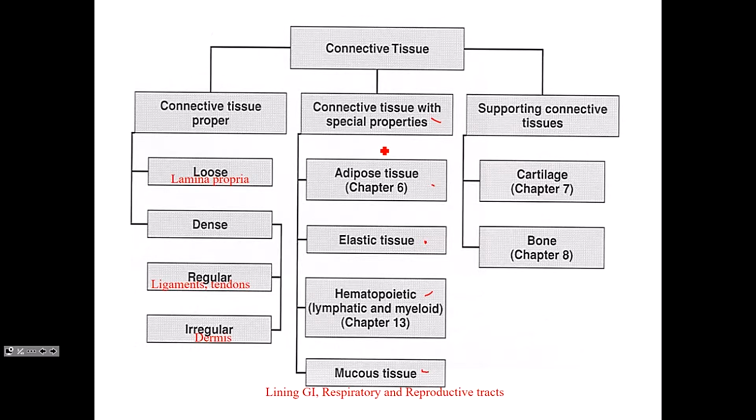Then we have connective tissue with special properties such as cartilage. I briefly mentioned that, and bone. And both of these play a supportive role because they are much more rigid and provide for a skeleton, if you like, upon which you can attach muscles and things like that. So that's our classification of connective tissue.